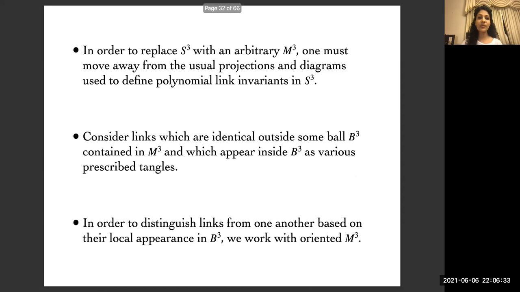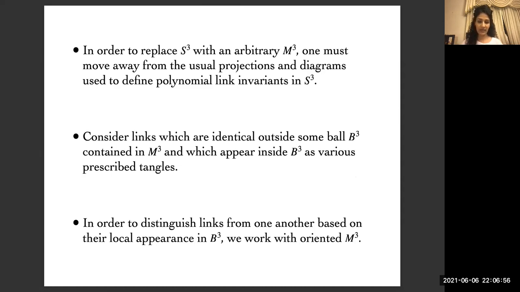Now, since we are moving away from S3 to an arbitrary three manifold, we also need to move away from the usual knot and link projections and diagrams that are used to define polynomial link invariants in S3. So how do we do this? We do this by considering links which are identical outside of a three ball, but inside the three ball, they appear as various prescribed tangles.